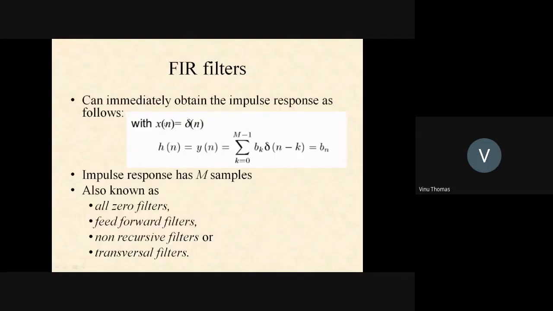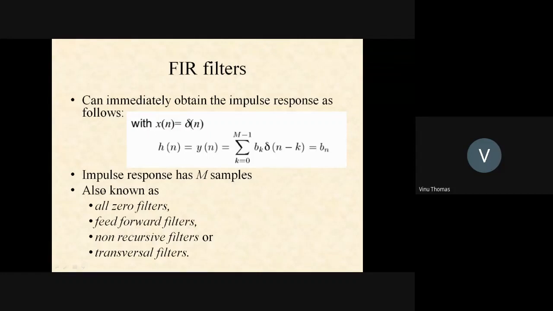So with x of n equal to delta n, you can write h of n equal to y of n equal to sigma k equal to 0 to M-1 bk delta n minus k, which is equal to bn. So you can very easily write down the filter coefficients. The set of bn directly gives you the impulse response filter coefficients. So the impulse response has M samples.